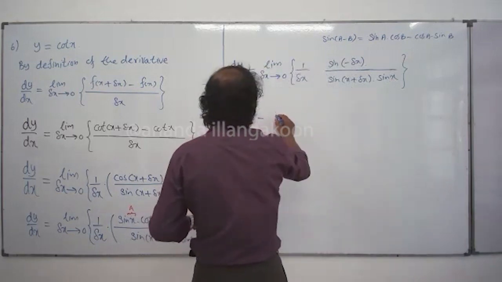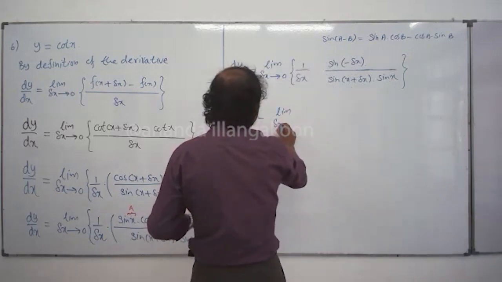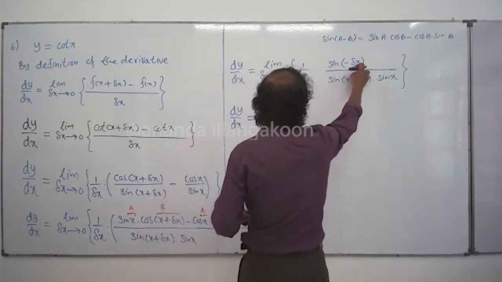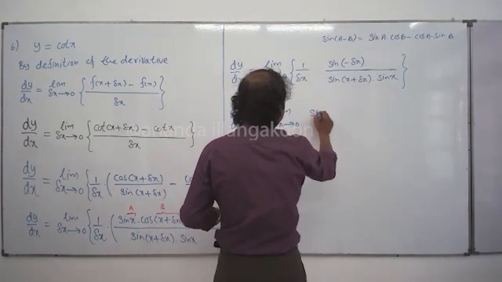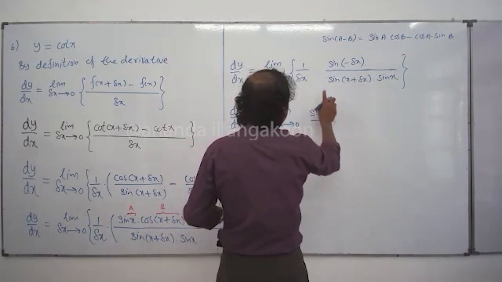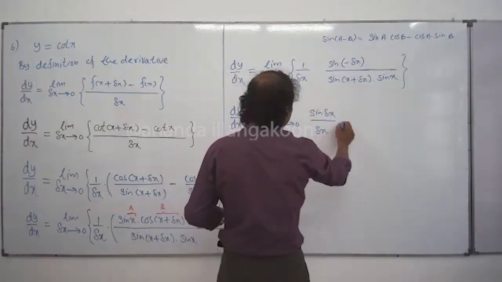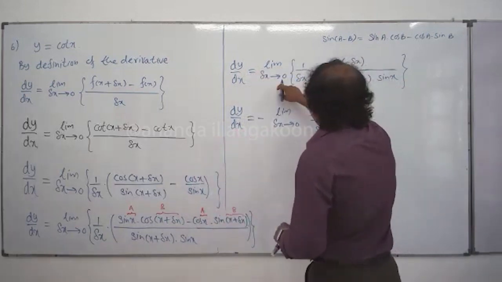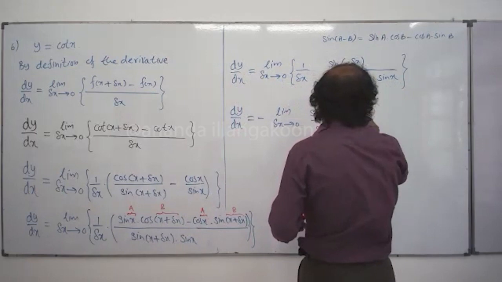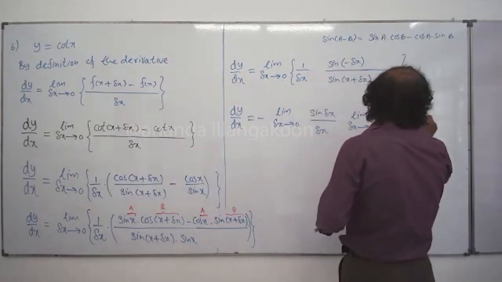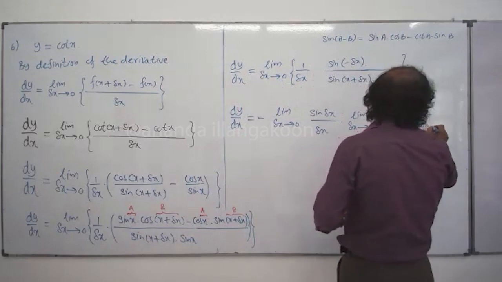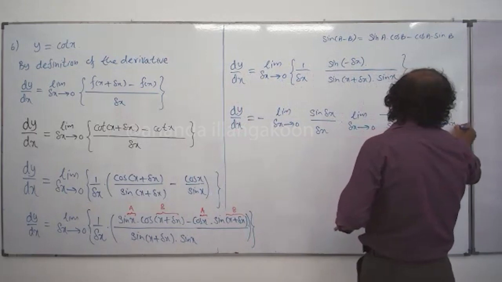Minus, limit delta x going to 0, sine delta x, and we divide that by this delta x. And now we have here sine(x plus delta x) into sine x, delta x going to 0 like this: 1 upon sine(x plus delta x) into sine x.